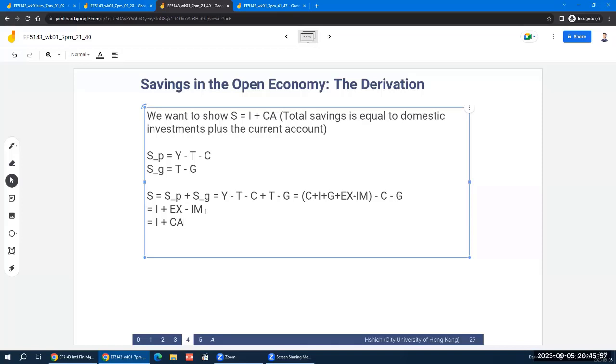So as you can see, not only can we interpret the current account in terms of commodity flows, physical goods and actual services between counterparties, the current account is also an expression of net savings abroad. Because I is investment of domestic savings, any residual from domestic investment is savings abroad.